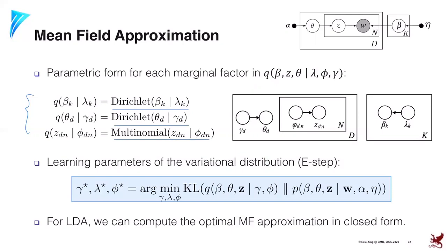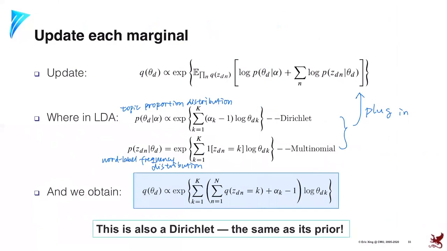Then we consider for the LDA, we first would have these two distributions, which is a Dirichlet distribution for the topic proportion distribution and a multinomial distribution for a word label frequency distribution. Then if we plug these two distributions into the update step, then we can obtain this Q theta D, which is also a Dirichlet distribution, and it is the same as its prior.